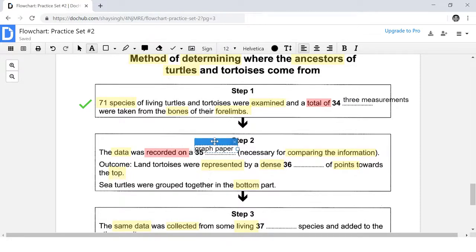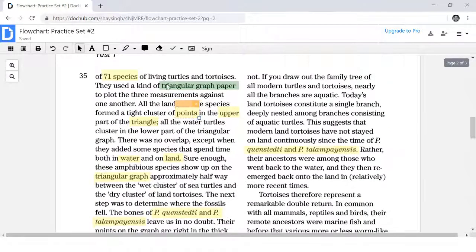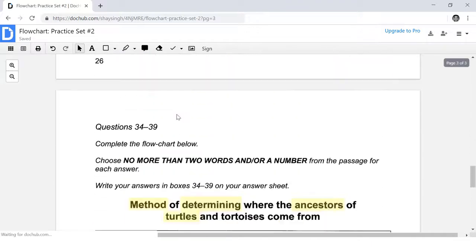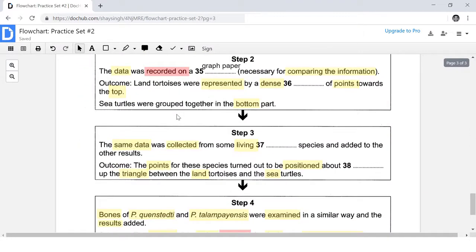Graph paper, okay? That is the answer for 35. Great. And let me also correct that over here because the correct answer is not triangular graph paper, but just graph paper. Only 2 words.